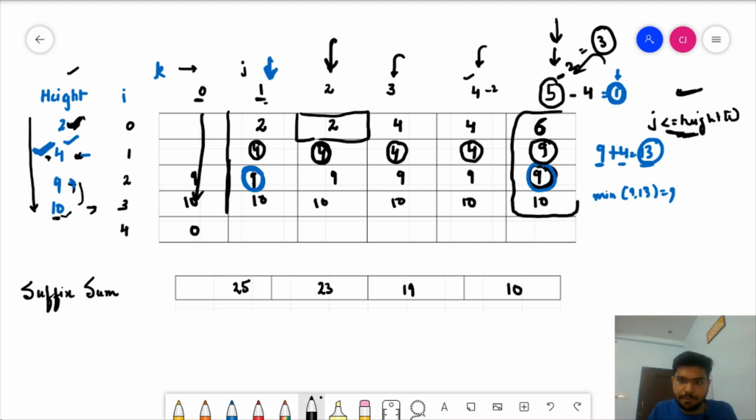So we'll compare these values with the suffix sum, that is 6, 9, 9 and 10. What will be the difference of these two values? That is 0. But what is the height that we require?